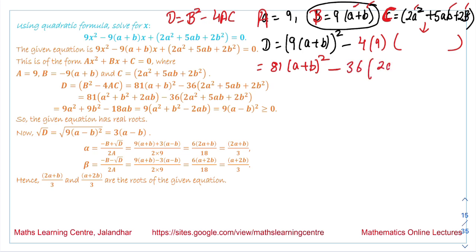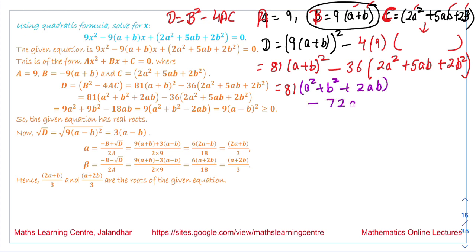36 into (2a square plus 5ab plus 2b square). When you open all these terms, you will get 81 into (a square plus b square plus 2ab), then minus 72a square minus 36 into 5, that is equal to 180ab, minus 72b square.